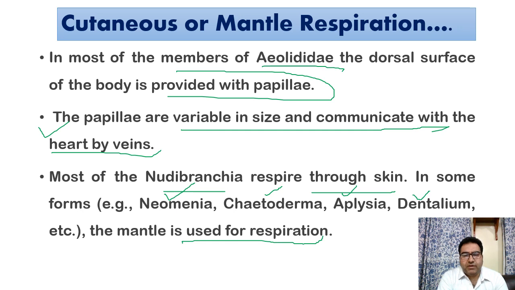The experiment was done in some pulmonate gastropods, where the lungs were occluded. Their lungs were filled with paraffin, so that it could be studied which organ, besides the lungs, these pulmonate gastropods breathe through.